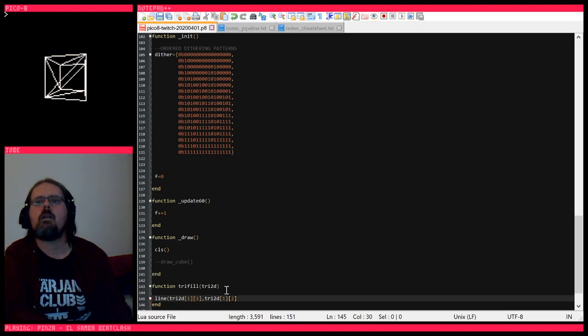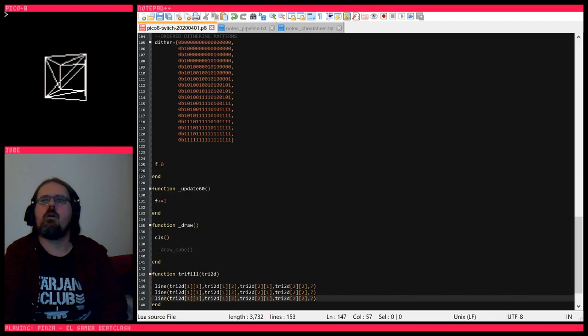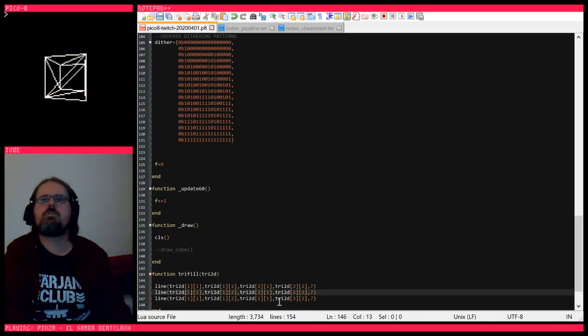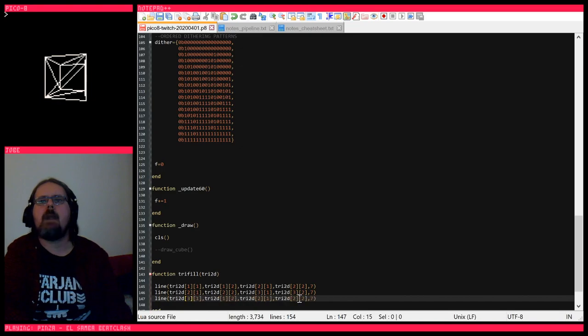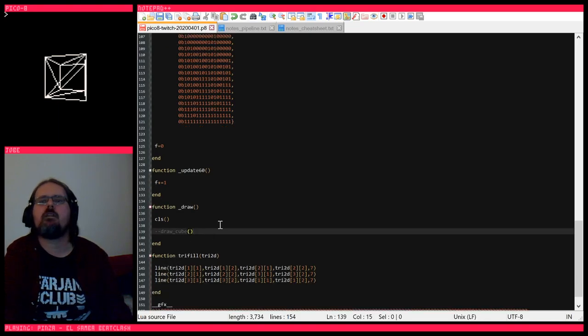So from point 1 to point 2, and from point 2 to point 3, and then from point 3 back to point 1. And let's call our try-fill function.